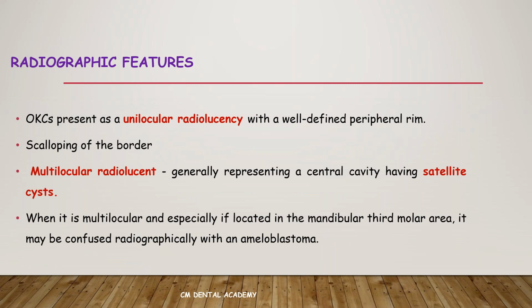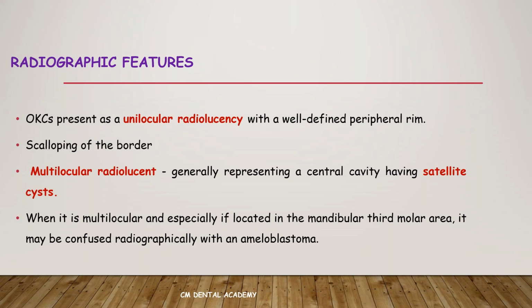Odontogenic keratocyst presents a few characteristic radiographic features, such as unilocular radiolucency and multilocular radiolucency. The unilocular radiolucency presents with a well-defined peripheral limb, and sometimes scalloping of the border is present. The multilocular radiolucent lesions generally present a central cavity having satellite cysts.